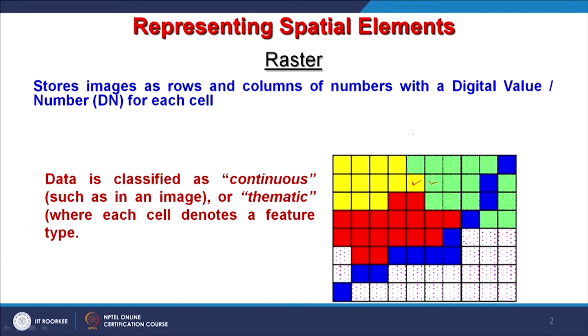But if there are two polylines, or two contours, in between we do not have any information whatsoever. That is why we call vector data discontinuous or discrete data, whereas raster data we call continuous data. One cell or pixel ends, another starts.